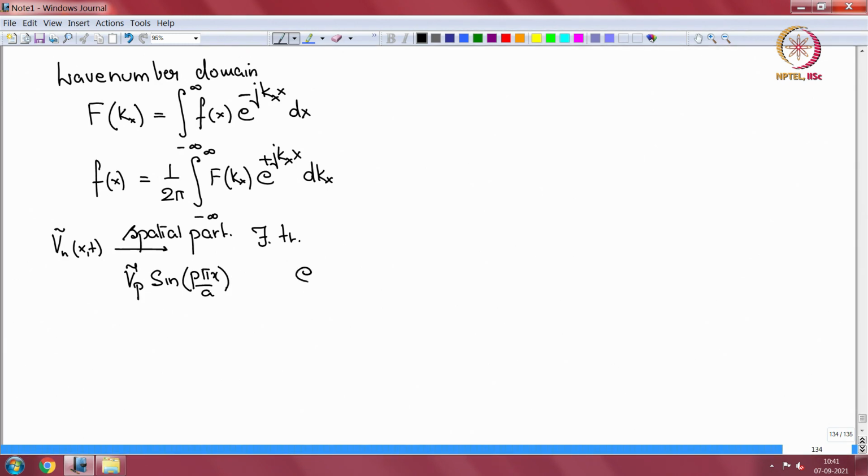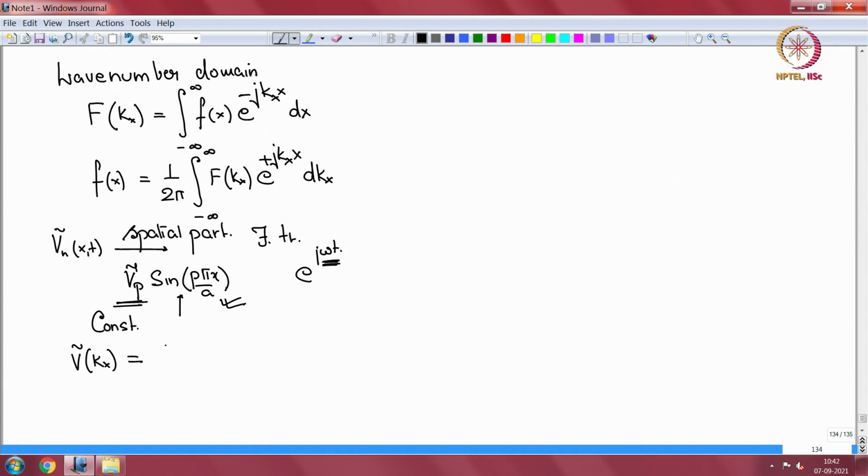E to the power j omega t is left out. By the way, as before, Vp is the amplitude which is held constant. It doesn't change with frequency, and this mode is being driven at any particular frequency.